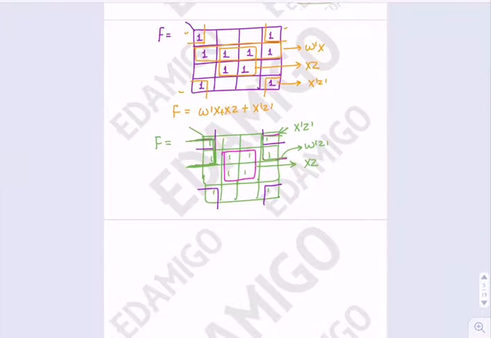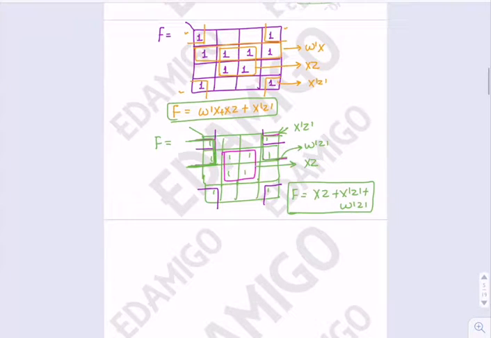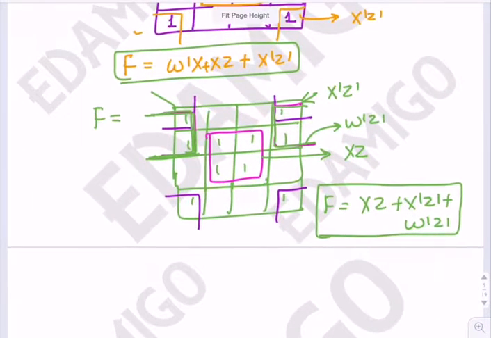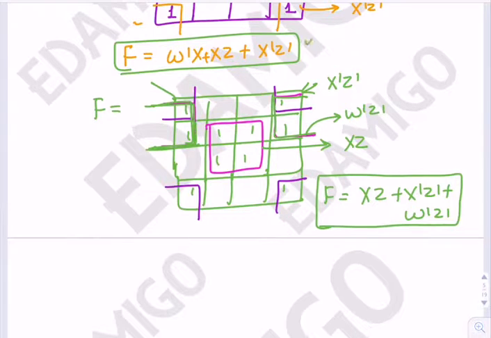So the function f can also be written as xz plus x bar z bar plus w bar z bar. So in these two formats we can write the function f. This is the maximum possible number of ways in which this function can be written. Only two possible ways are there.